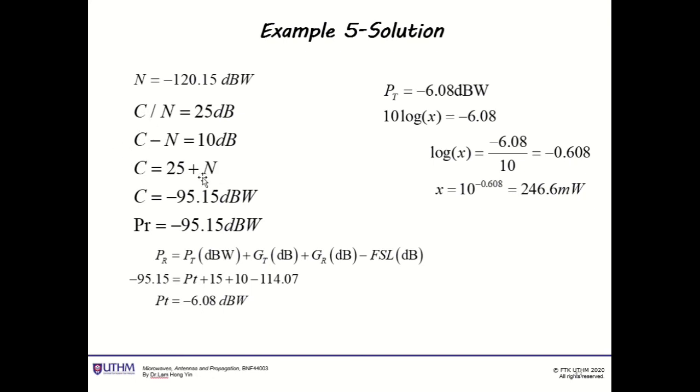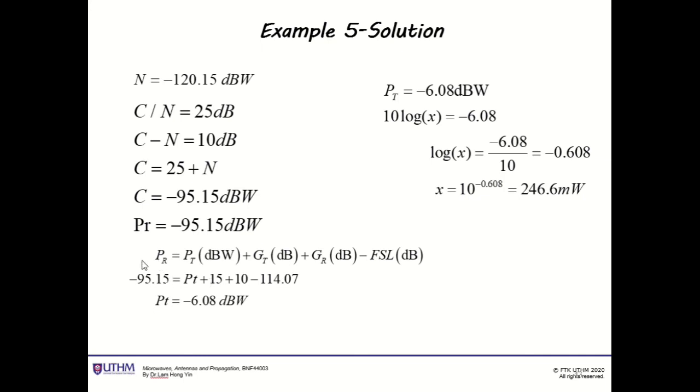So in this part, you know that the C over N is 25 dB and N is minus 120.15 dB. So from this equation, we know that C is minus 95.15 dB, which is the value of the power received.